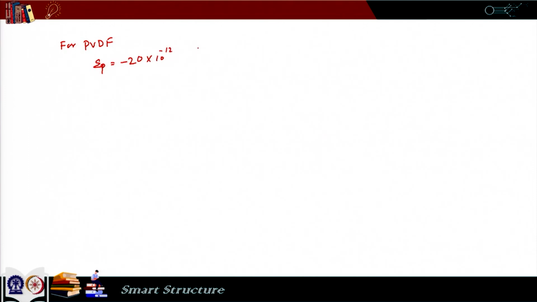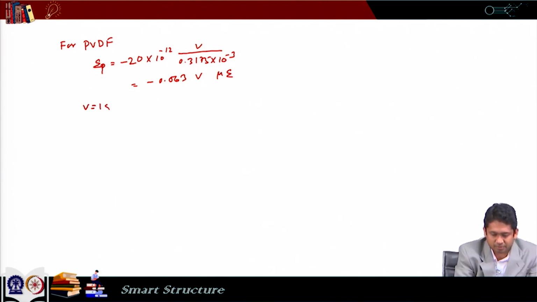For PVDF, the free strain is this, and that gives us minus 0.063 volt, in microstrain. So, V equal to 150 volt gives us epsilon P equal to minus 9.5 microstrain.